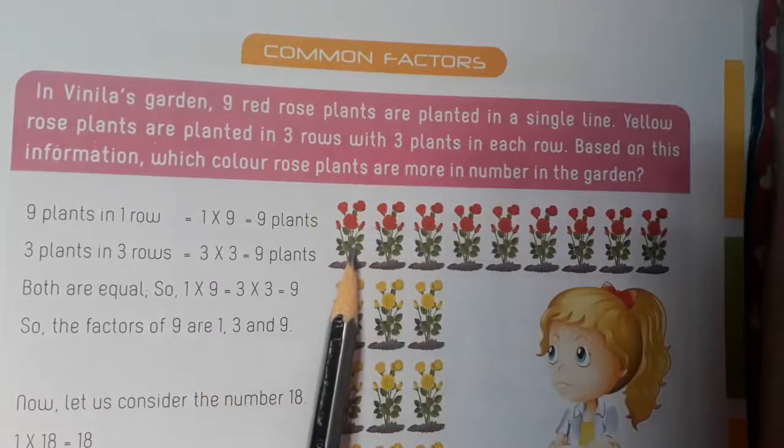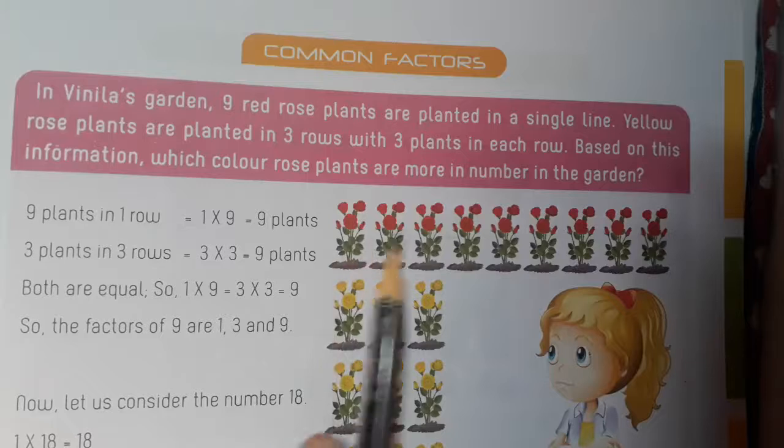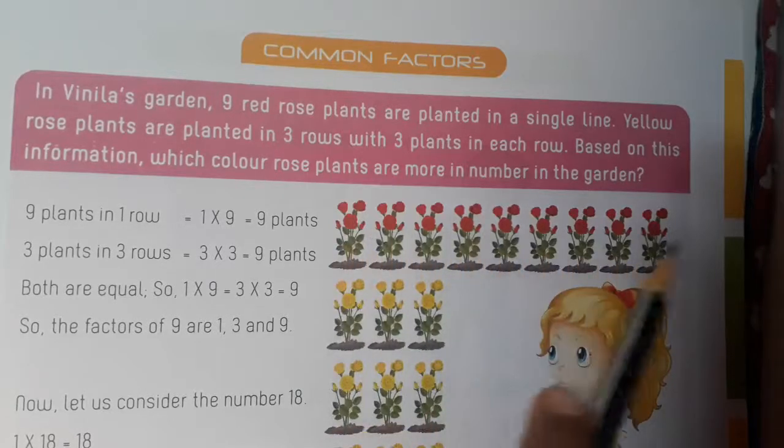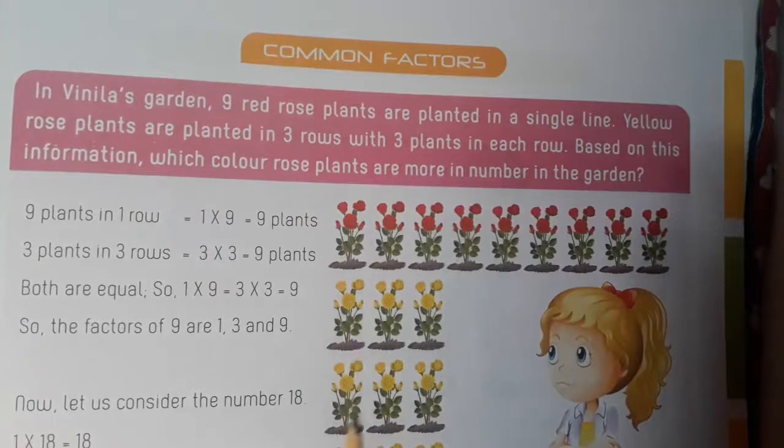See here, red rose plants are planted in a single line. This is the red rose plants. And yellow rose plants are planted in 3 rows. Each row has 3 plants. 1, 2, 3, 1, 2, 3, 1, 2, 3.